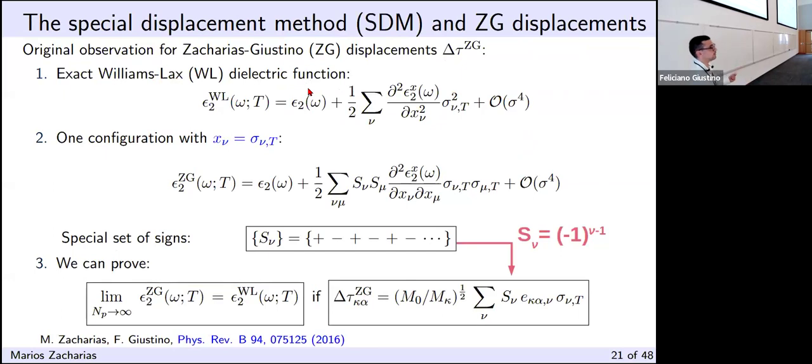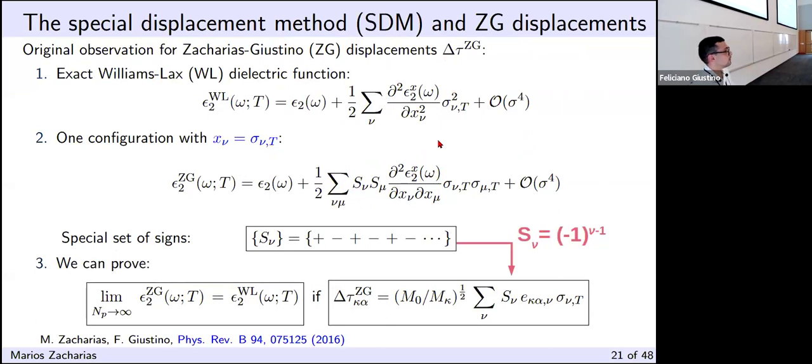Now, suppose that we want to do the calculation with only one configuration. The trivial choice is to set the amplitude of the normal coordinates equal to this sigma. And then we get this expression. I will discuss later why the linear terms go away anyway. So here we focus only on the second order terms, and we want to make this object equal to the exact Williams-Lax object.